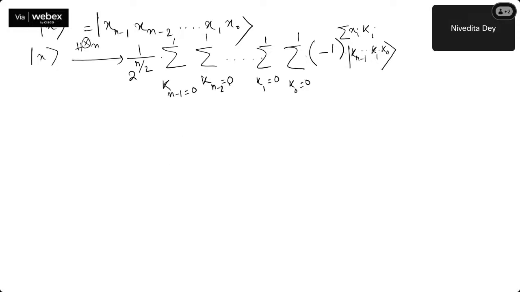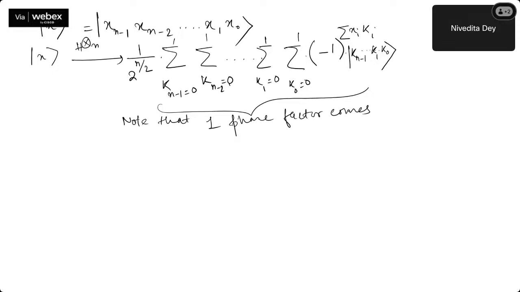Note that a plus or minus phase factor comes from each of the factors.